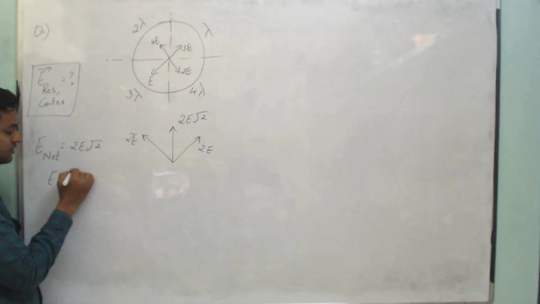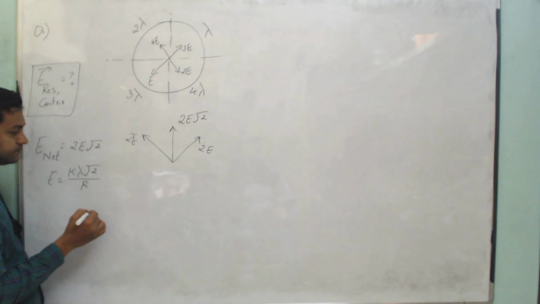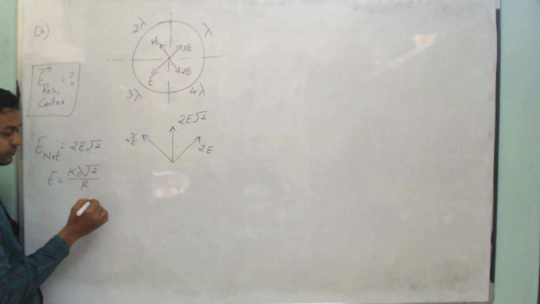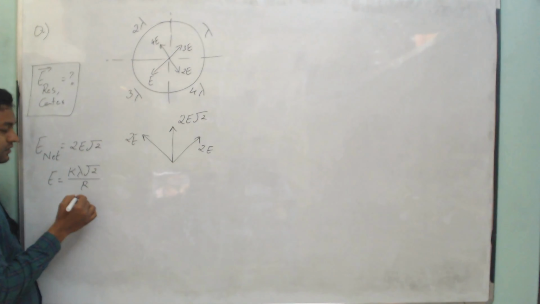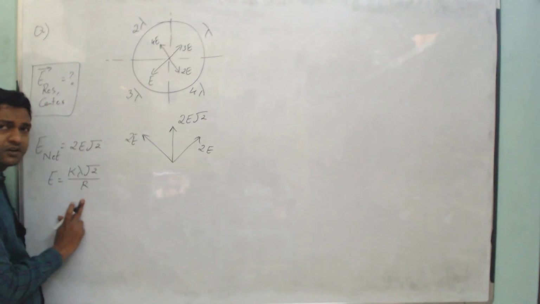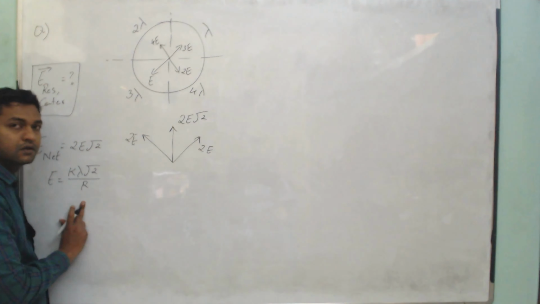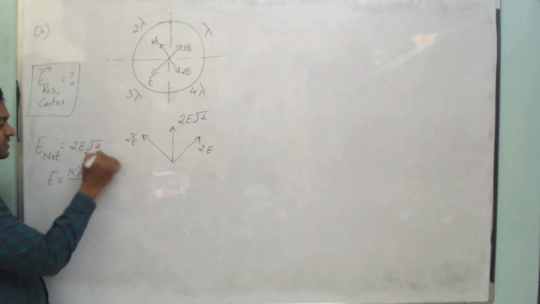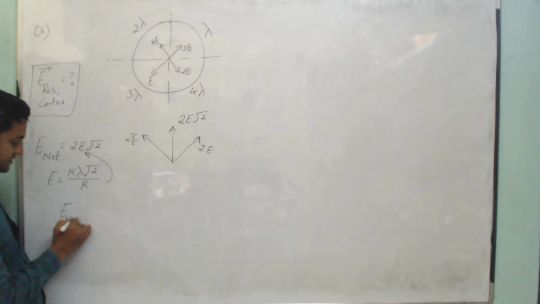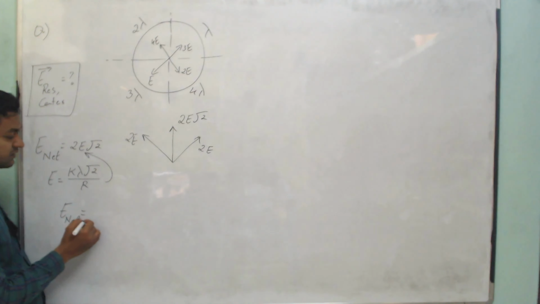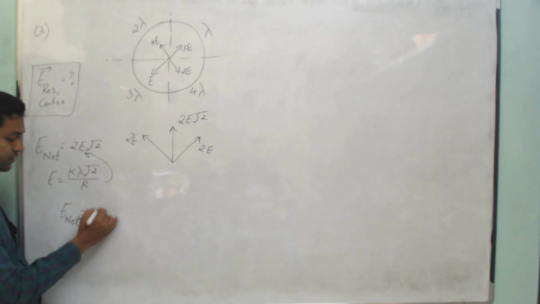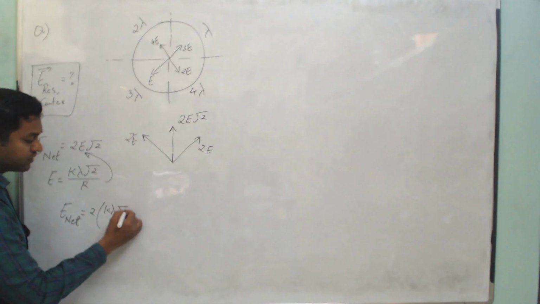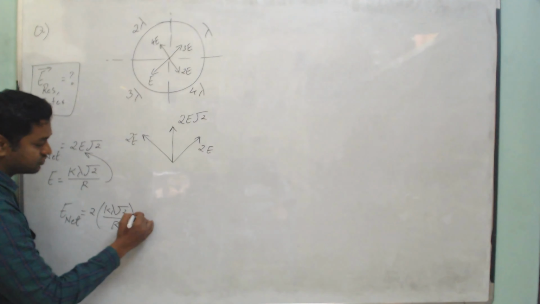K lambda root 2 by R. So when you substitute this over here, you will get E net as 2 times K lambda root 2 by R times root 2.